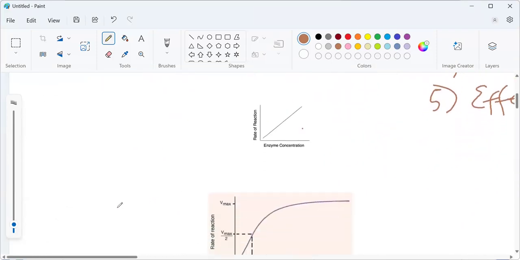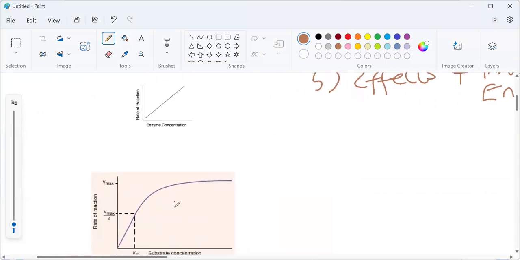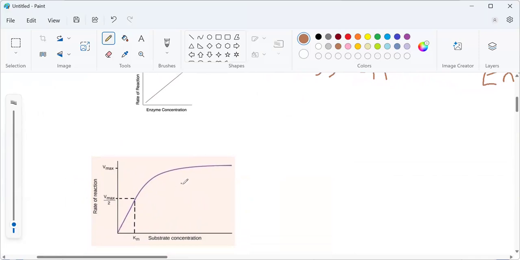That's the second point. The first point, substrate concentration, means that when there is an increase in the substrate concentration, there is a gradual increase in the velocity of the enzyme reaction within a limited range of substrate levels. A rectangular hyperbola, like you see in this diagram, is obtained when velocity is plotted against the substrate concentration, and there are three distinct phases of the reaction.